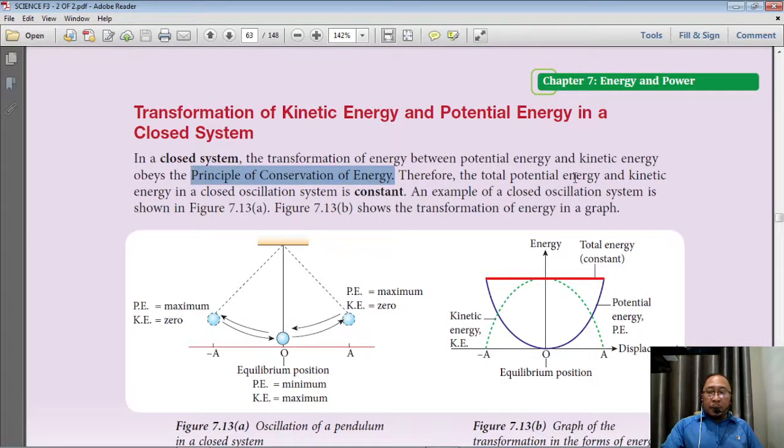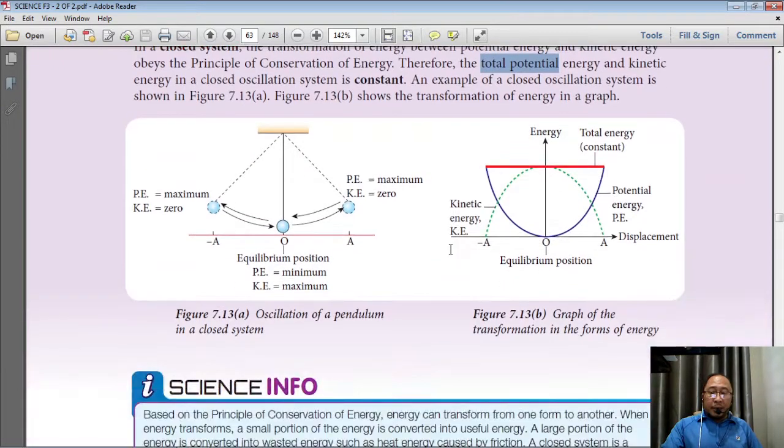Therefore, the total potential energy and kinetic energy in a closed oscillation system is constant. An example of a closed oscillation system is shown in figure 7.13. A and B show the transformation of energy in a graph.